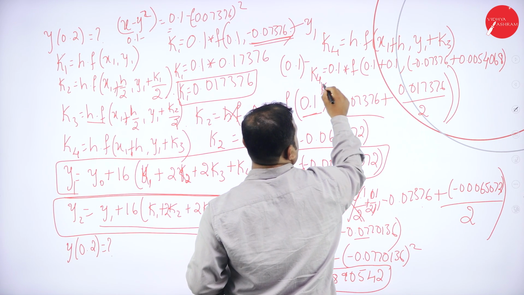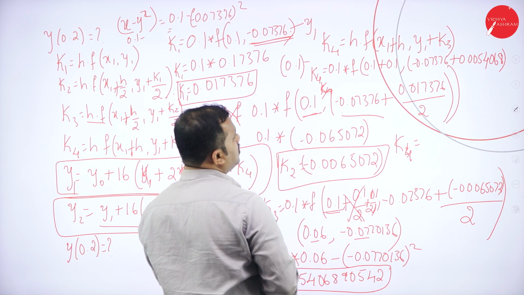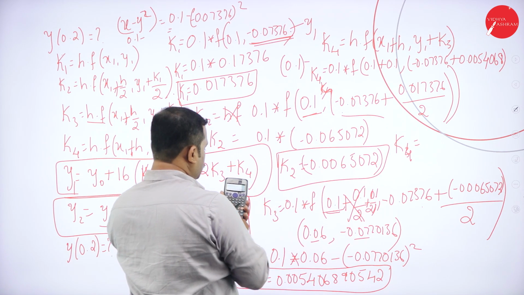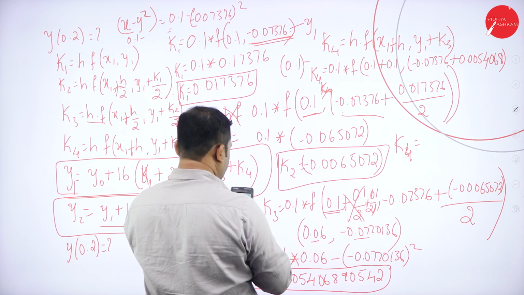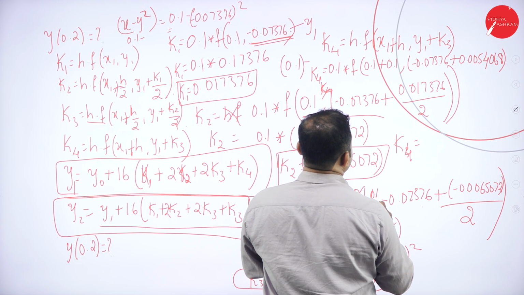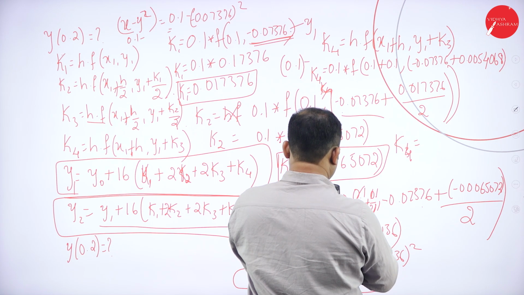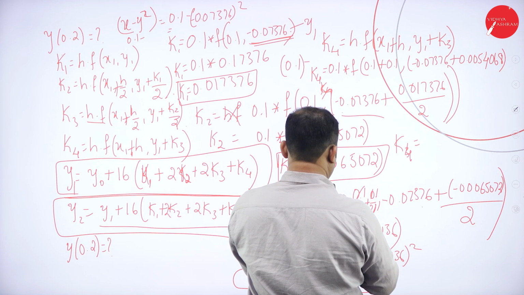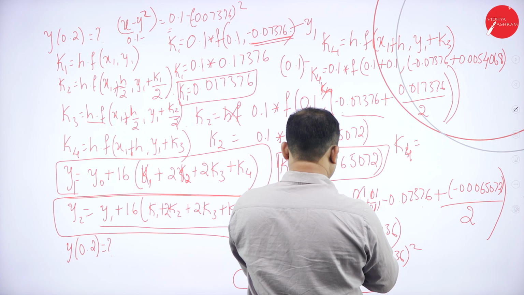Let me write down the K4 here. K4 is equal to, if I simplify this term, what is the value I'm getting? 0.2, 0.2 whole square means 0.04. That is this 0.2 minus 0.07376 plus 0.0054068 whole square.